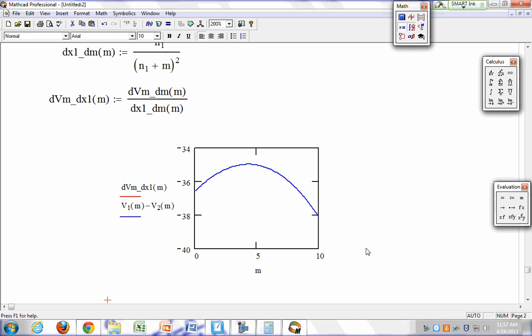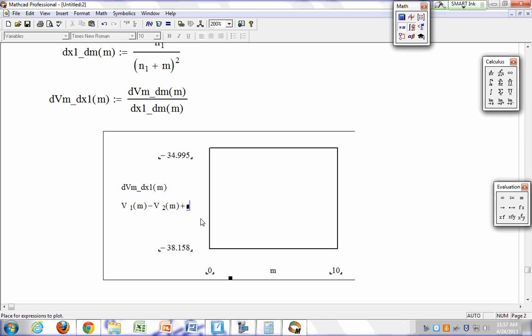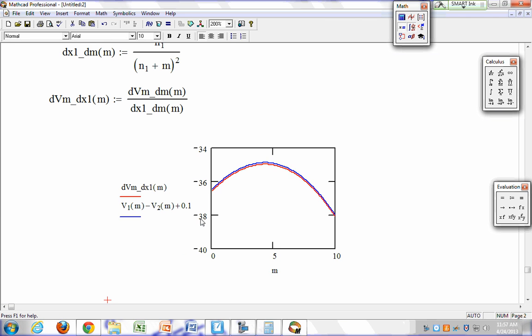If you want, let me put an offset there so you can see them better. I'll offset this by 0.1, so you can see those two curves slightly off from each other. So they are identical.